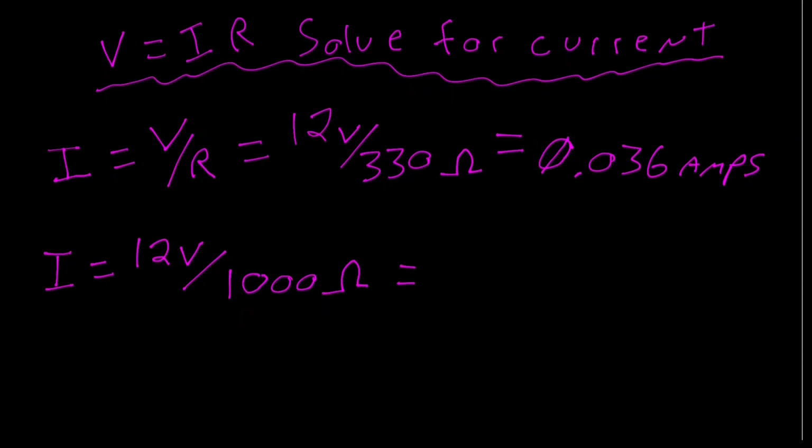So your resistance is increasing. Is your current going to increase in the circuit or is it going to decrease? It's going to decrease. So with this equation and these values, you currently have a current of 0.012 amps. So with a smaller resistance, you have more current. You increase that resistance to 1,000 ohms from 330 ohms and maintain the same voltage, you have a smaller current.